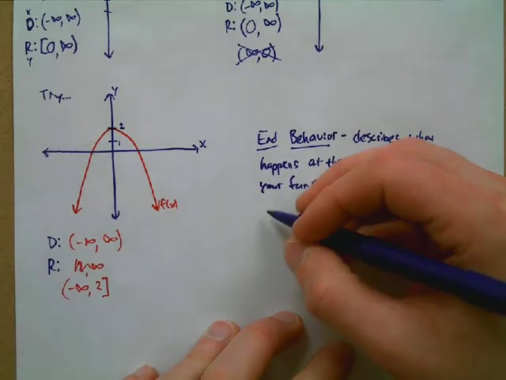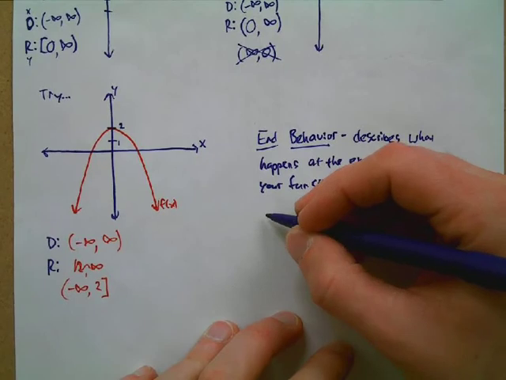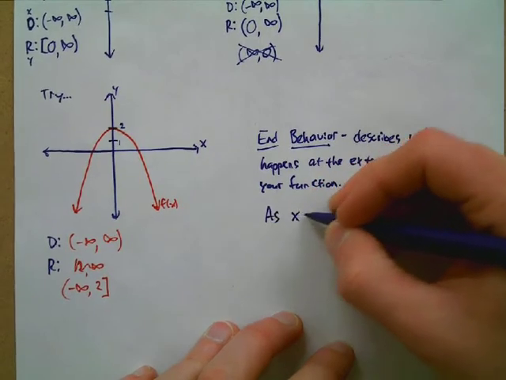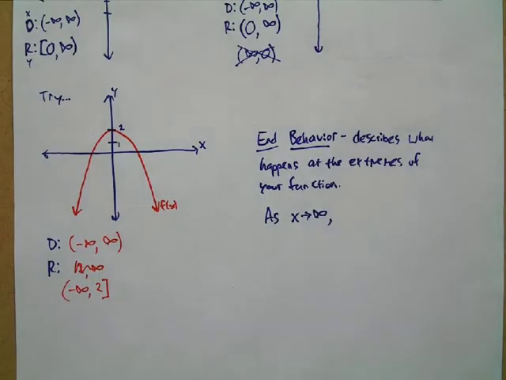Here's how we're going to describe end behavior. We'll say as x approaches infinity. So x values approaching infinity means we're going really, really far in which direction? To the right, because x is going to infinity, right?